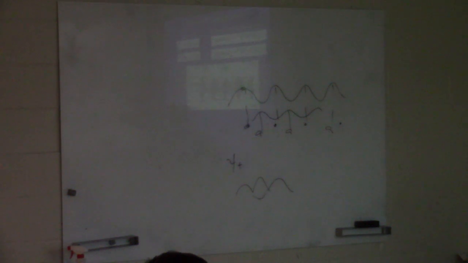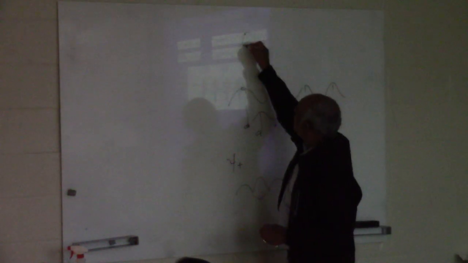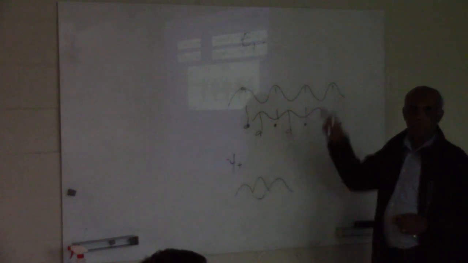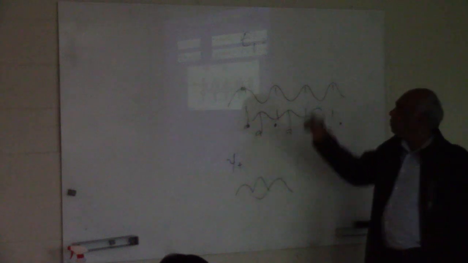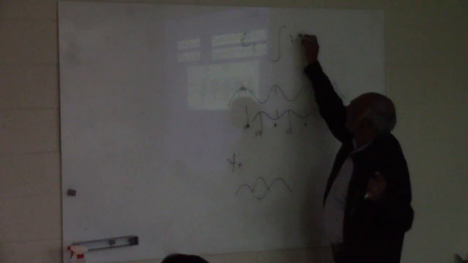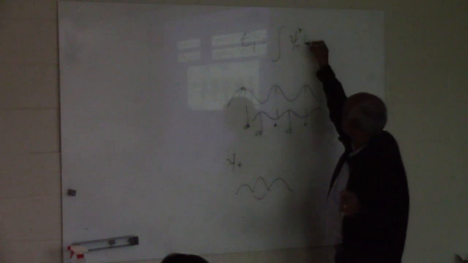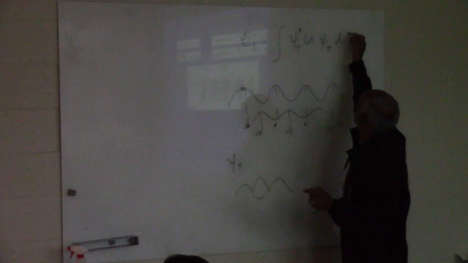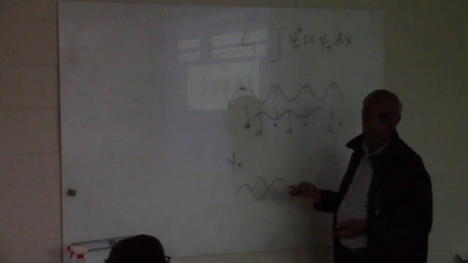For the first one, we'll call this energy, say, E1. How do you calculate E1? So E1 comes from the psi plus wave function. So that should be psi plus star, right? Times your potential U times psi plus, this is a one-dimensional case. If it's three-dimensional, you have to do this one, right?